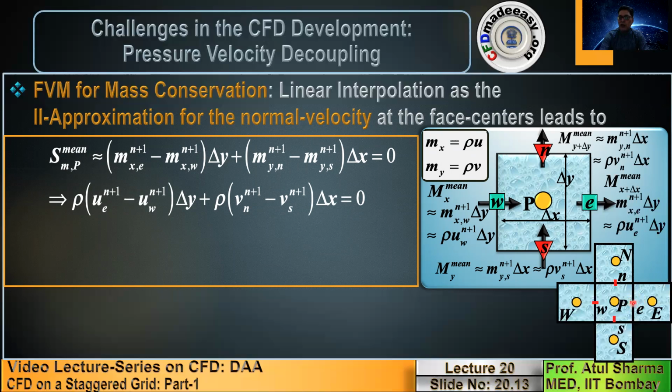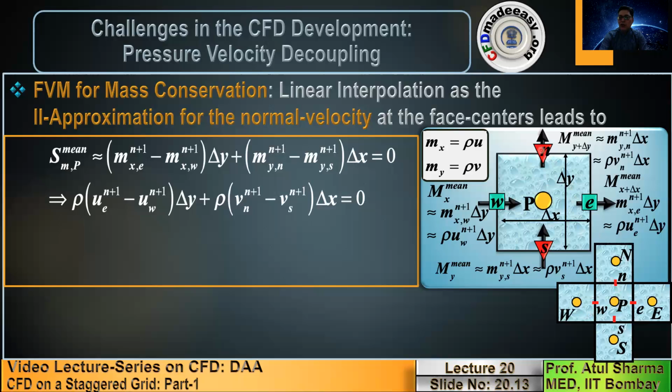Capital E and capital P are equidistant from e, so one of the simplest approximations is linear interpolation. UE is equal to U capital E plus U capital P divided by 2. UW is U capital P plus U capital W divided by 2.